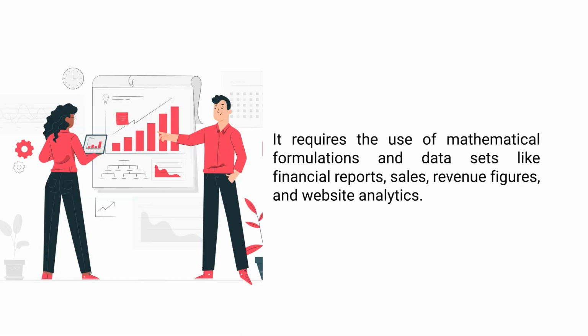It requires the use of mathematical formulation and data sets like financial reports, sales, revenue figures and website analytics. So these are the inputs that we require for forecasting the quantity of demand.